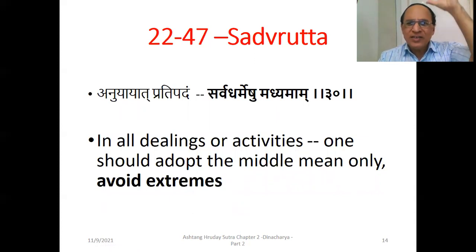Too much exercise is bad. Too much fasting is bad. Too much eating is bad. Overnutrition is also bad and undernourishment is also bad. So we should always be balanced about lifestyle, talking, food, our business, our occupation, our wealth. Everything should be in moderation.